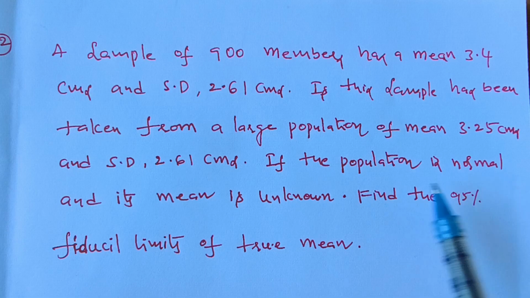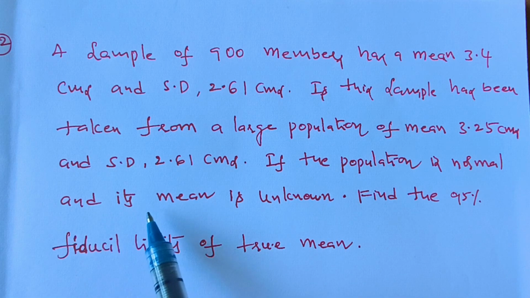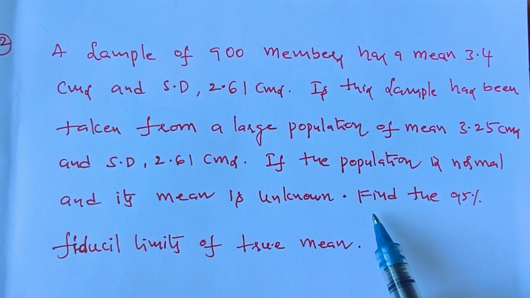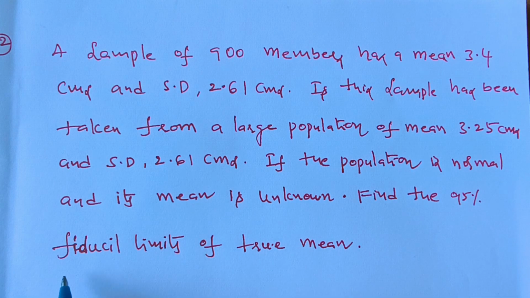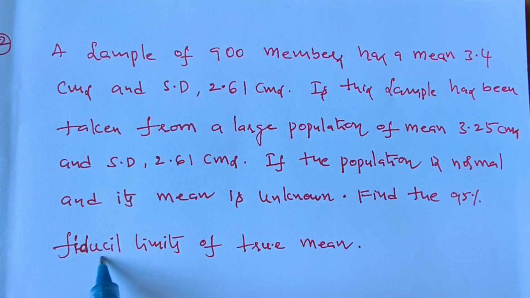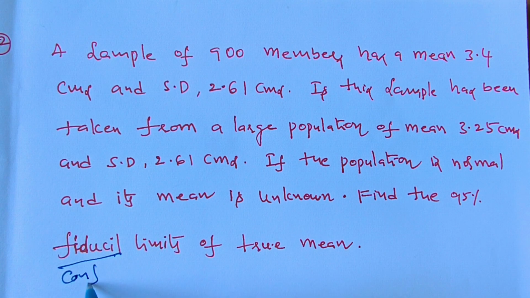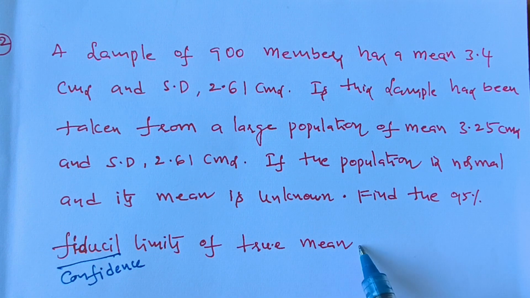If the population is normal and its mean is unknown, find the 95% fiducial, fiducial means confidence, limits of the true mean.